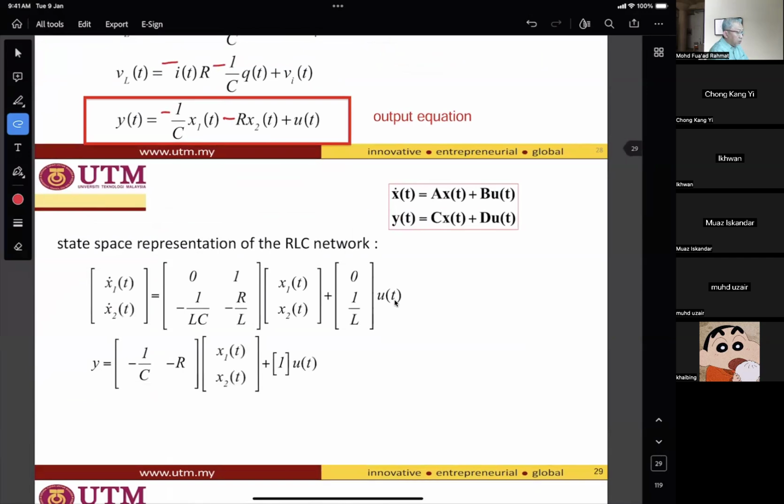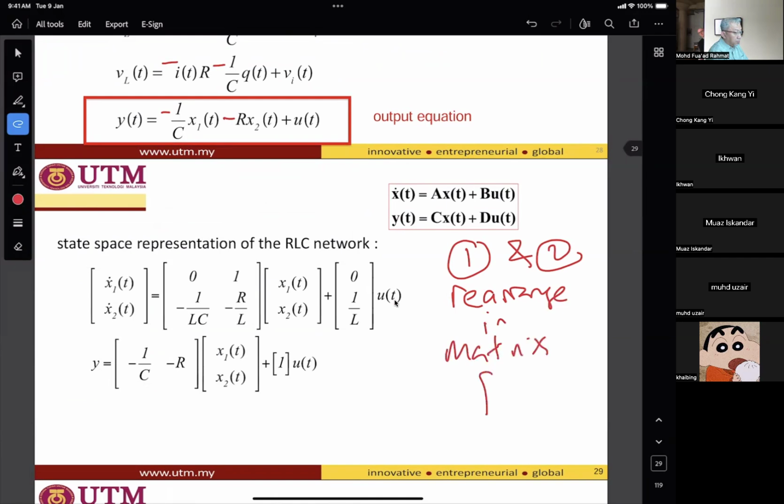Okay. So therefore you get equations 1 and 2 rearranged in matrix form. So we have this one, which is known as the derivative state vector. Okay.